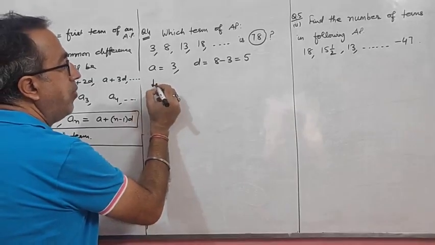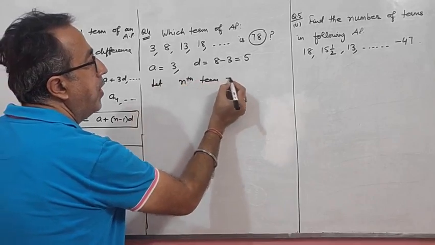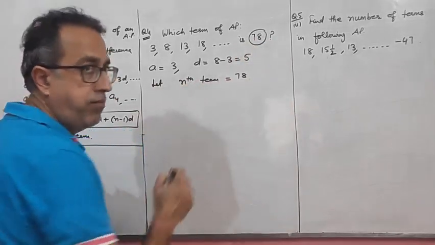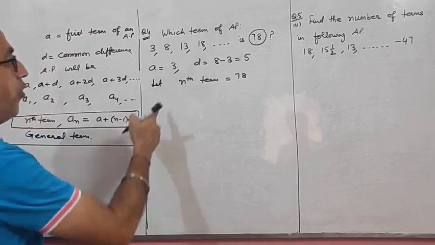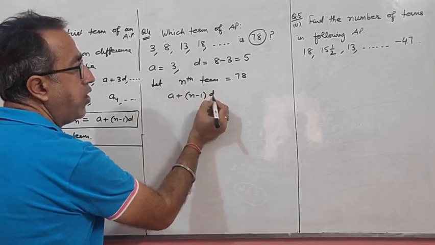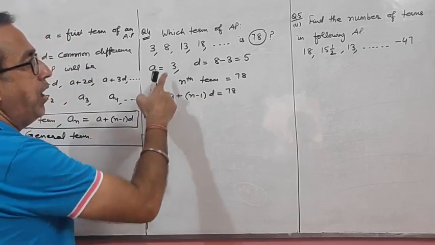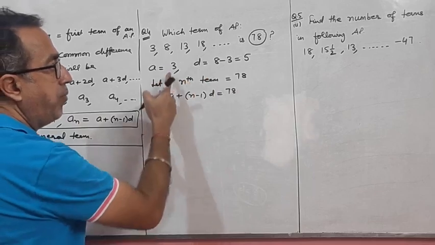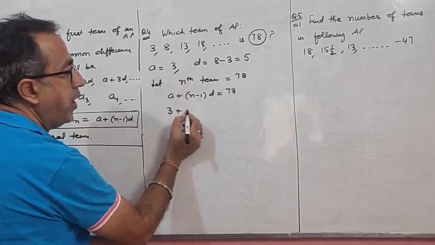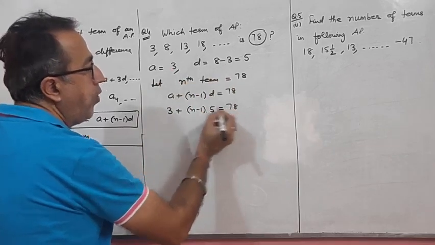So we assume that the nth term is 78. The formula for the nth term is A plus n minus 1 into D equal to 78. A and D are given, put their values. A is 3, n minus 1, D is 5, equal to 78.